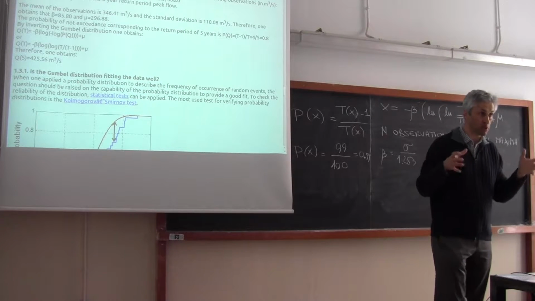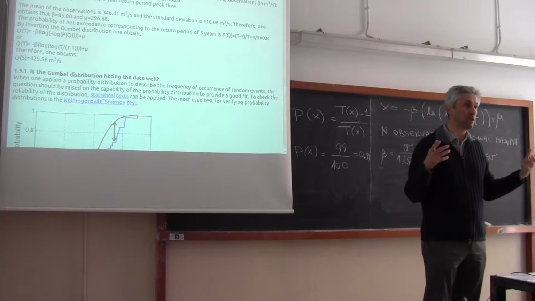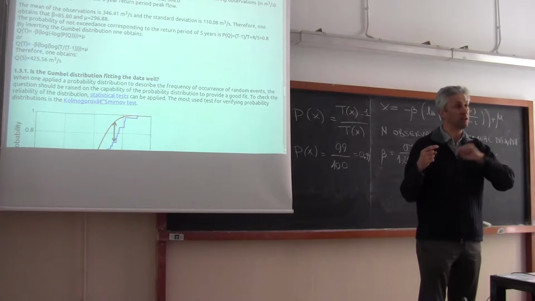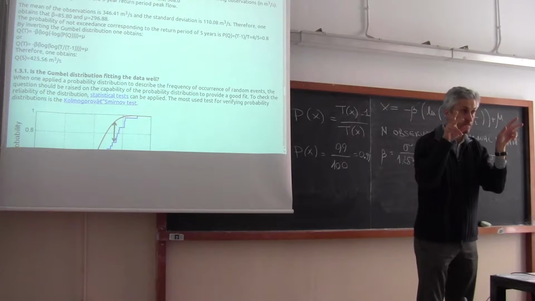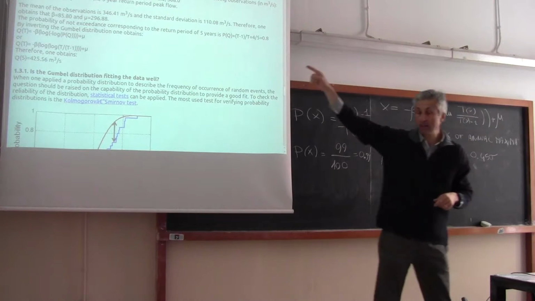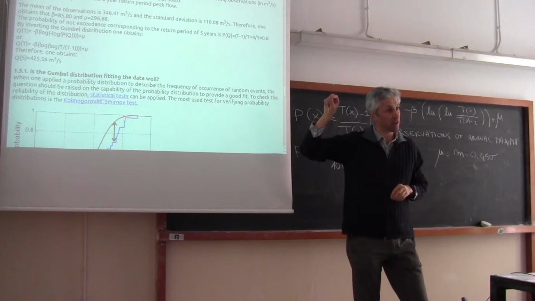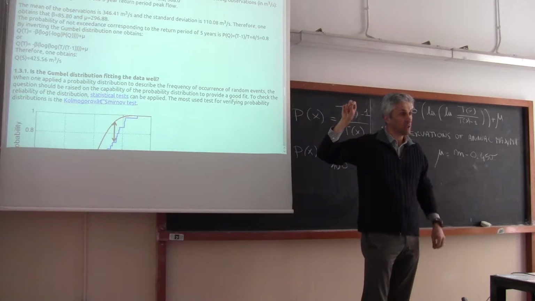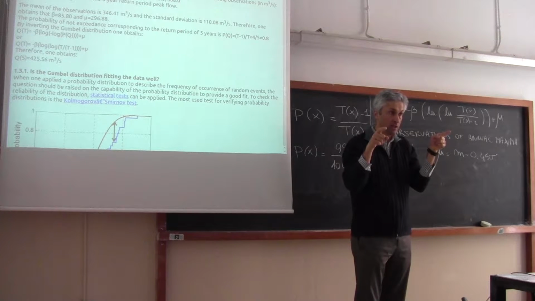If you observe the process for 10 years, it's reasonable that you say, let me predict what happens once in every 5 years, because your observations include that value. We will see that when we get the estimate of the 5 years return period flow, it is included in the range covered by the observations.